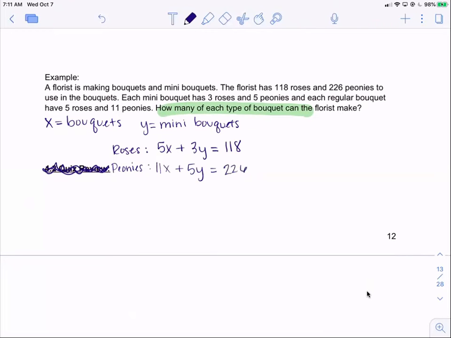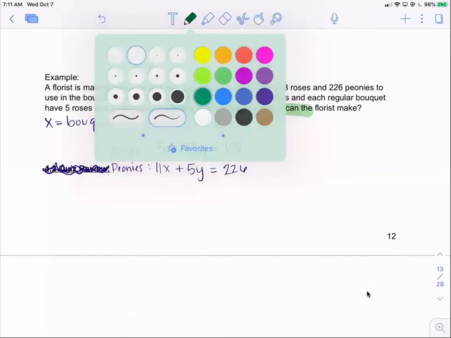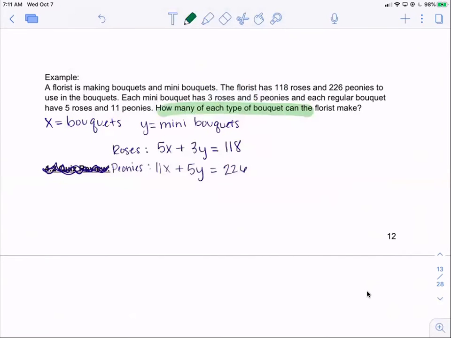Okay. So now, if you notice, none of our coefficients are the same. So we need to figure out a way to multiply. The easiest way to think about it is swapping your numbers. So let's get rid of our y's this time. If we eliminate our y's, 3 and 5, the least common multiple is 15.